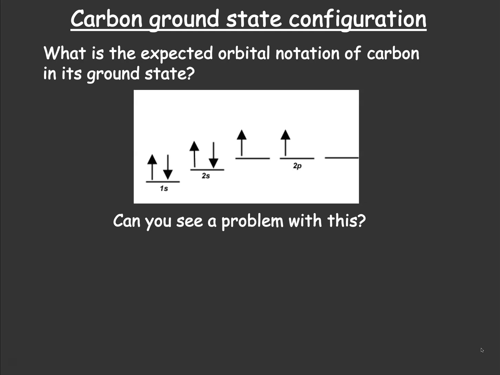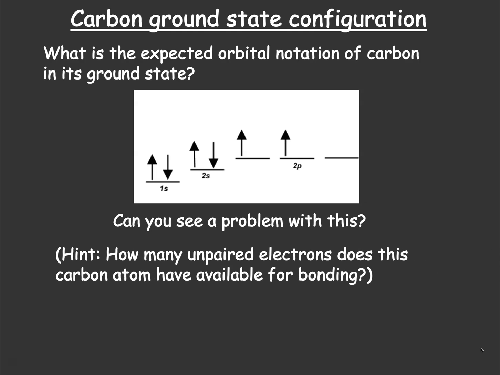But the problem here is, according to this diagram, carbon can only make 2 bonds. So you look at the unpaired electrons. Unpaired electrons have the ability to receive another electron to make a bond. Paired electrons do not. So just based on carbon alone, it only makes 2 bonds, yet we know methane exists with 4 bonds. That's kind of a problem.